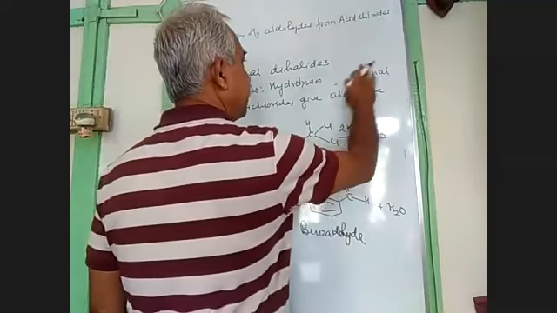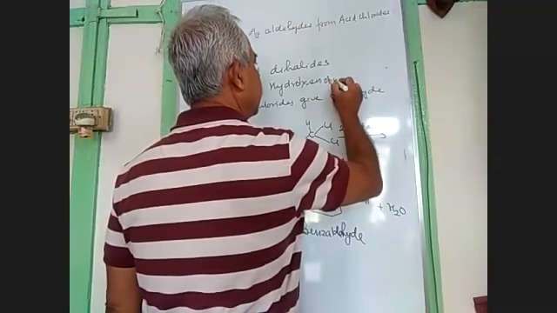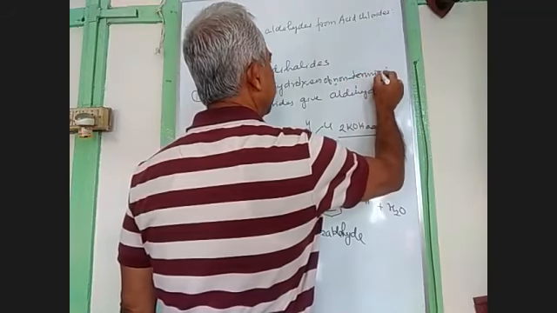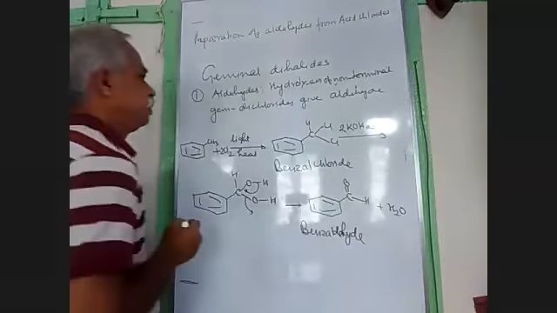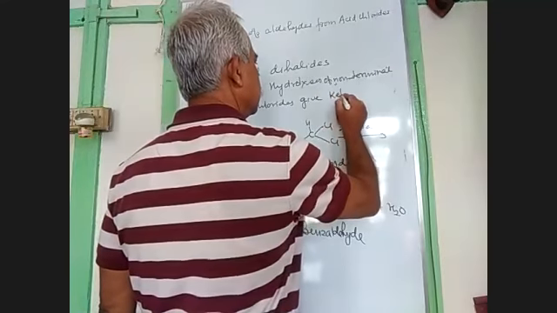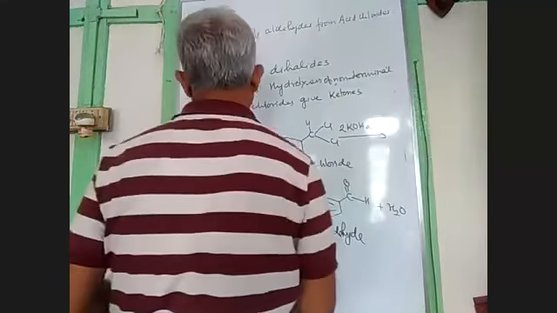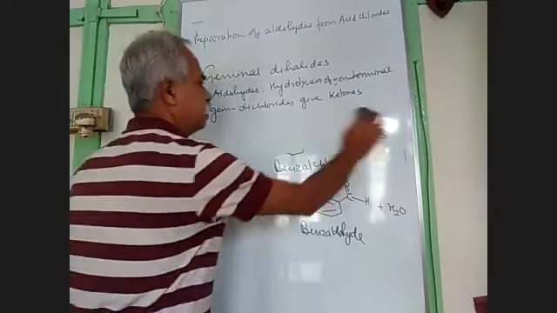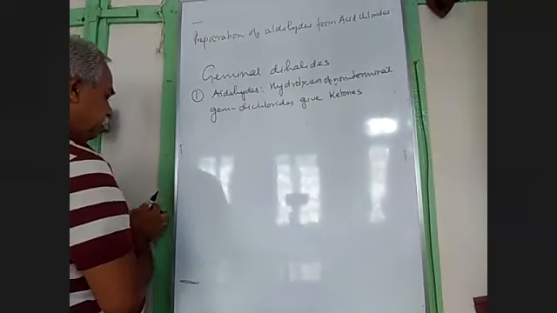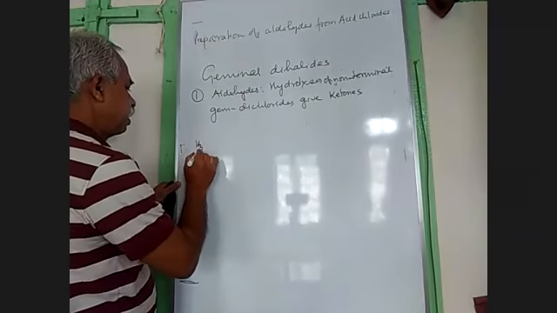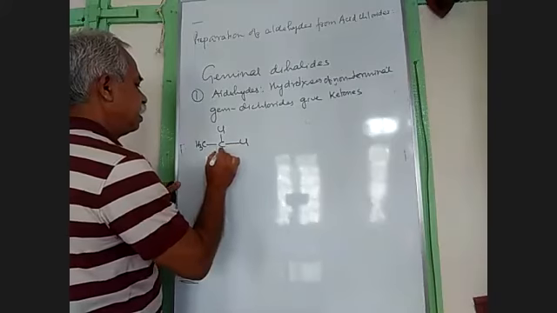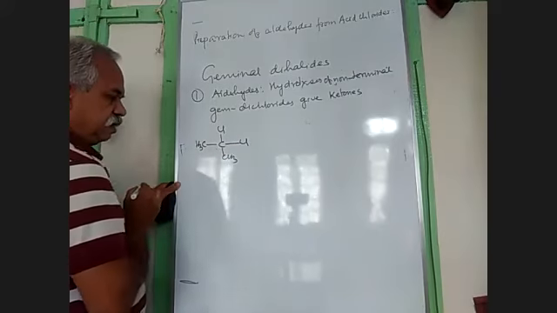So now to prepare ketone. So what will we write now here? Hydrolysis of non-terminal gem dichloride gives ketones. Okay, so I'll write it. Suppose I have taken here CH3, Cl, Cl, CH3.